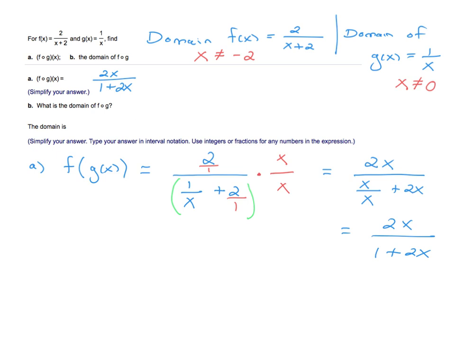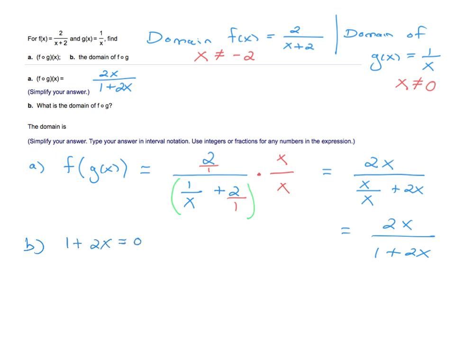Now, what about the domain of this function? One way you can figure out the domain is by looking at these expressions and thinking about the numbers that you can put in place of x and which ones you can't. I see that there's a fraction here, and any number that makes the denominator 0, I do not want that in the domain of my function. So to start with, and this is for part B, I'm going to take the denominator of my composition and set it equal to 0.